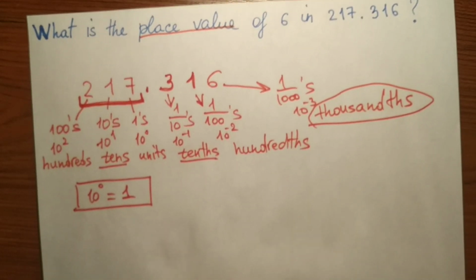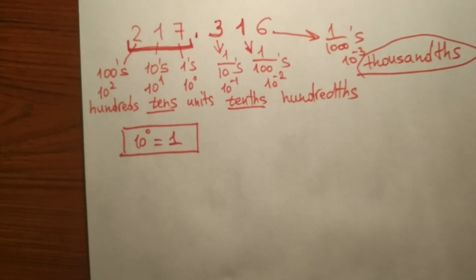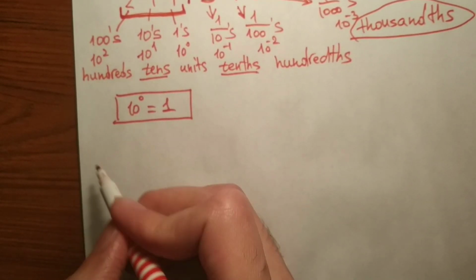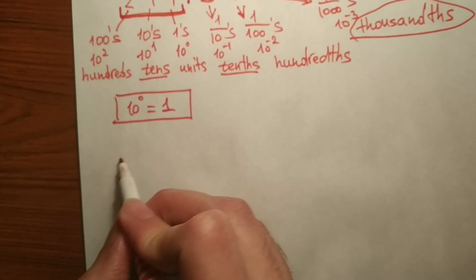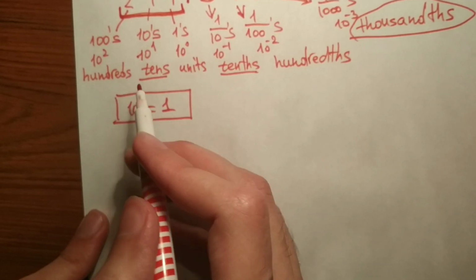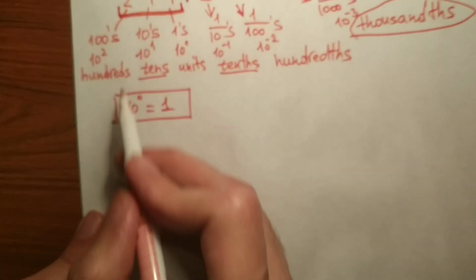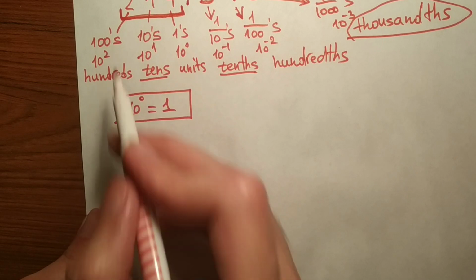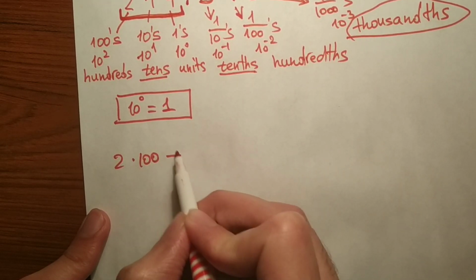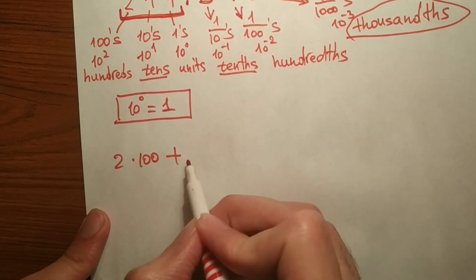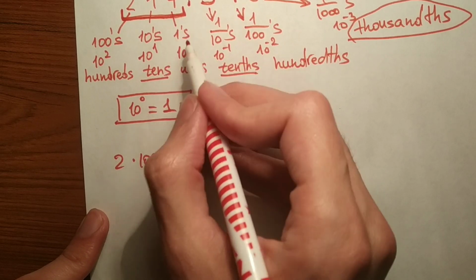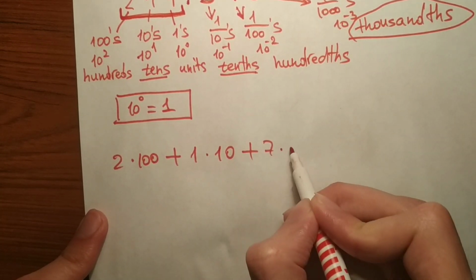And if you want to make sure what we are talking about, let me show you here. 2 means 2 times hundreds, plus 1 times tens, plus 7 times units, 7 times 1.